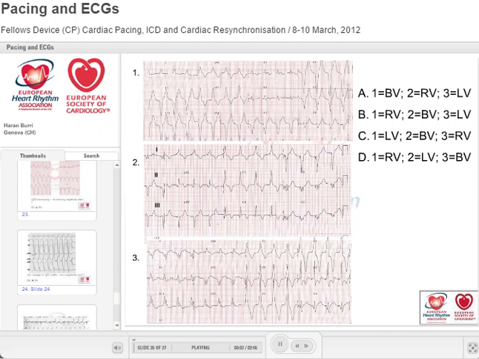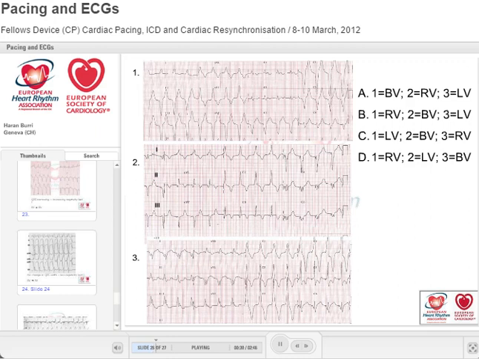Okay, so I've shown you here 3 12-lead ECGs. I want you to have a look at them and to tell me which one is which. There's one where you have biventricular capture, there's one with RV pacing only, and there's one with LV pacing only. Try and work it out. I would like you to look at QRS width, and also at the way the QRS is changing in lead 1.